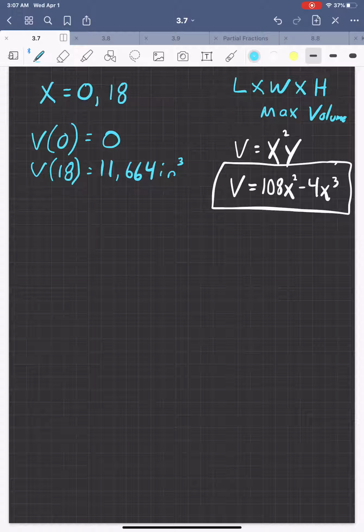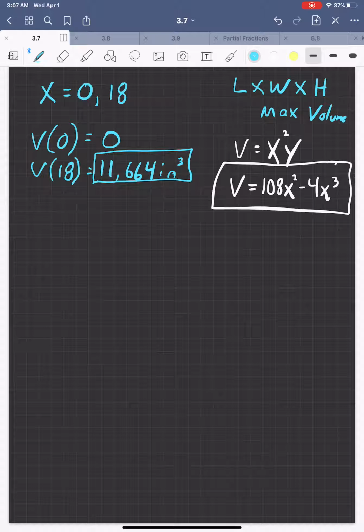I did not do that in my head; I have it written down. Unfortunately, my eyesight is not the greatest, so I hope that 108 times 18 squared minus 4 times 18 cubed indeed produces this volume of 11,664 cubic inches.